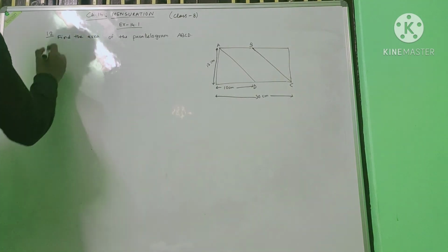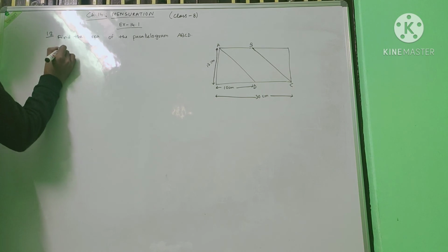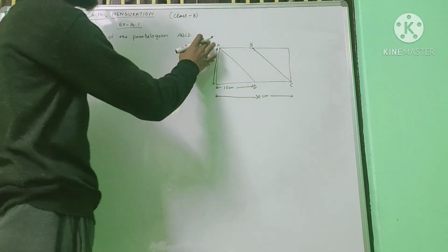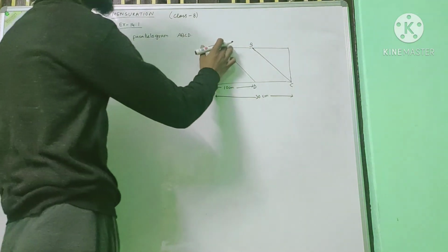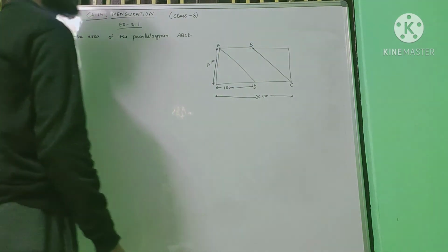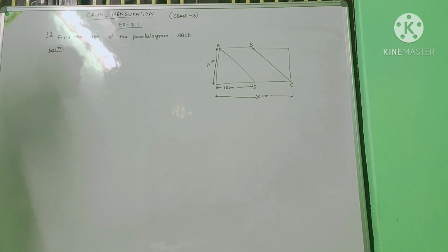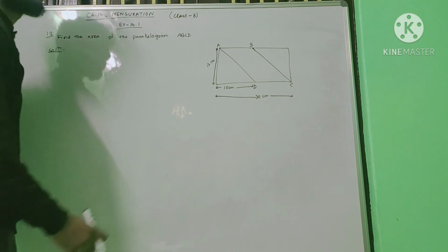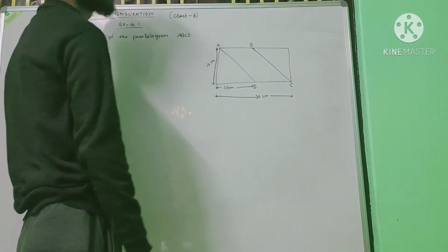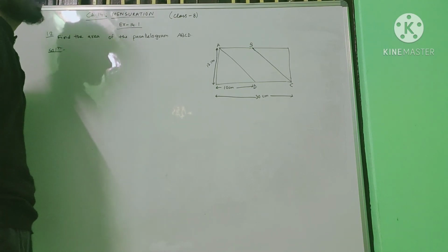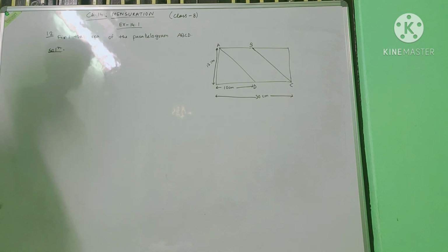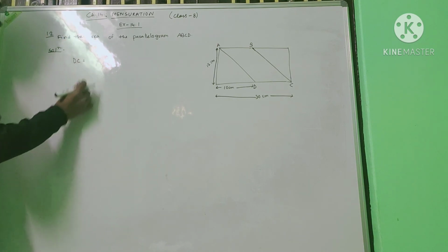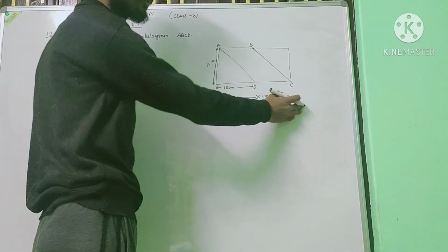Now we will solve an interesting question. You will see properly. We need to find out the area of the parallelogram ABCD. Now from over here we can easily find out DC. DC will be equal to total 30 centimeter.